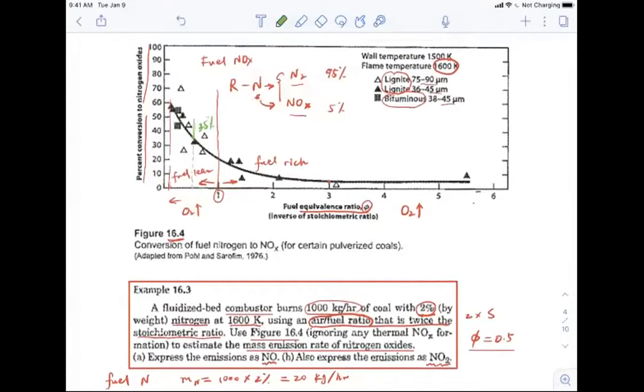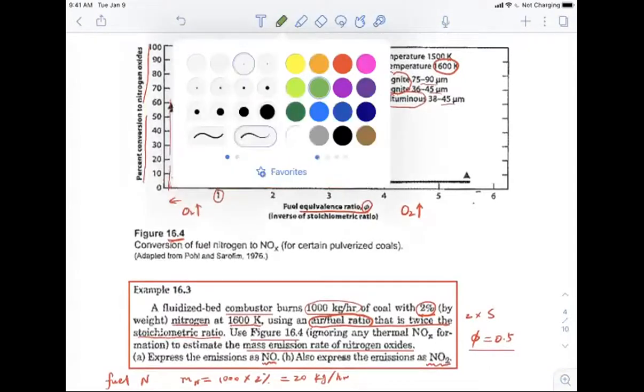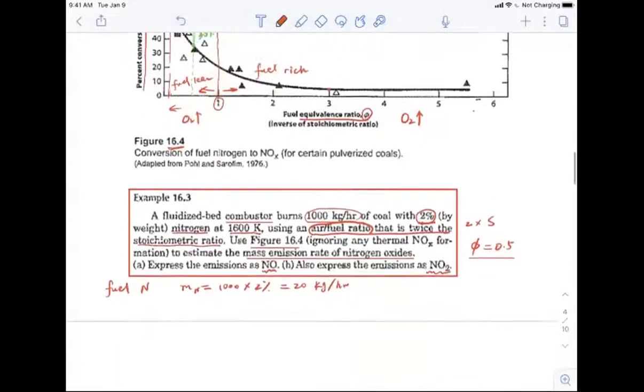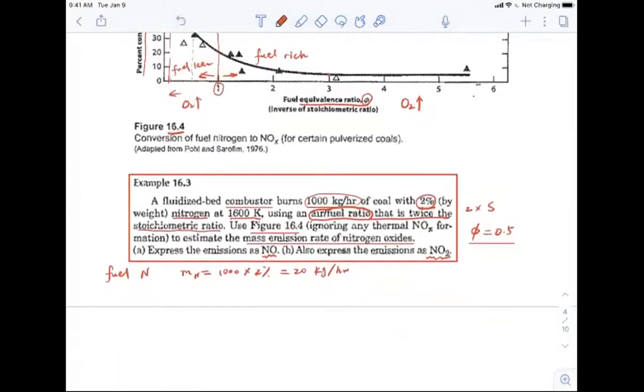Okay, so what this means is that for all of this fuel nitrogen, the nitrogen that can potentially get to NOx is going to be Mn multiplied by 35%.